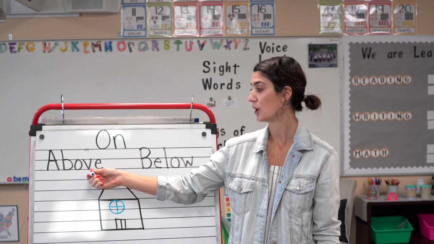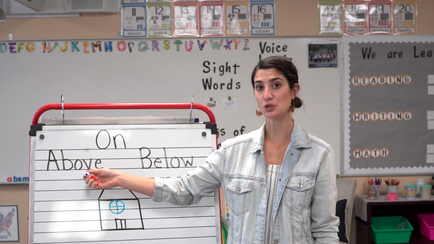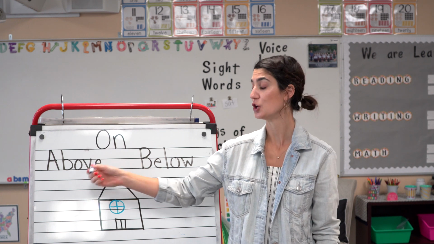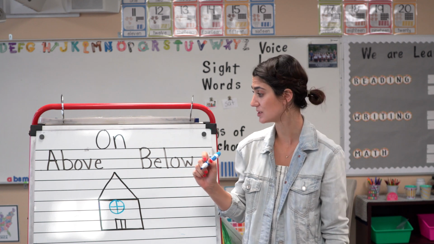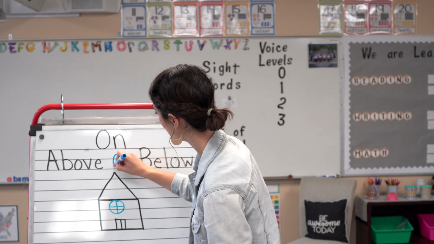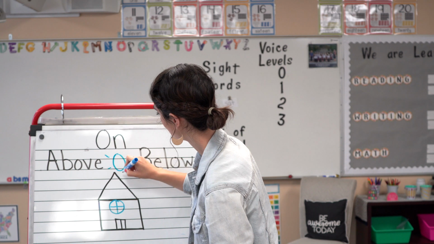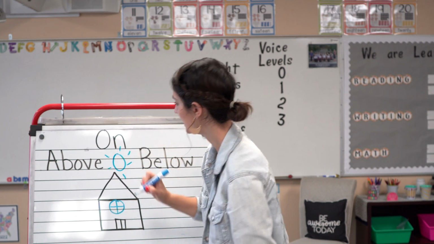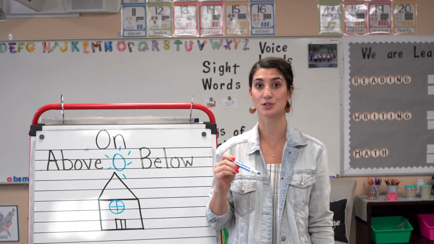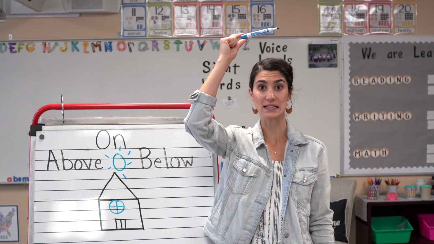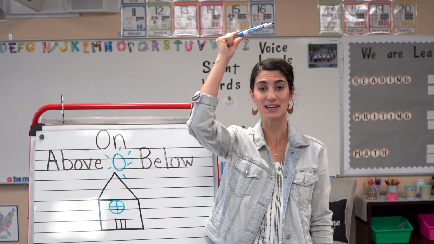Now above, if you were going to show that, for example, draw a sun above the house, I would draw a sun up here. That shows the sun above the house, or the marker is above my head.